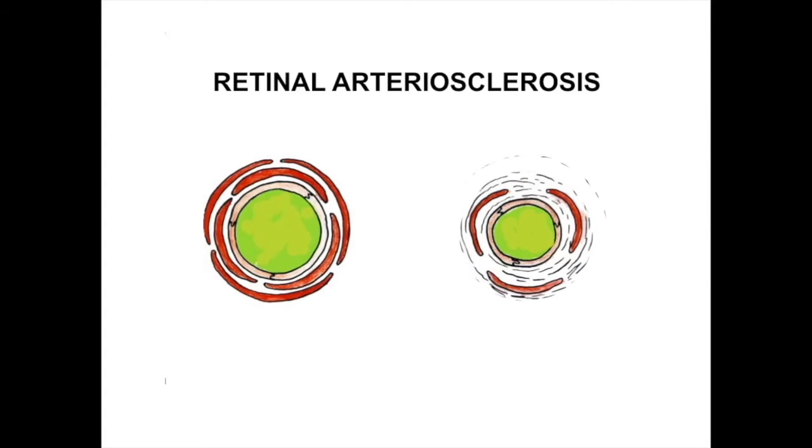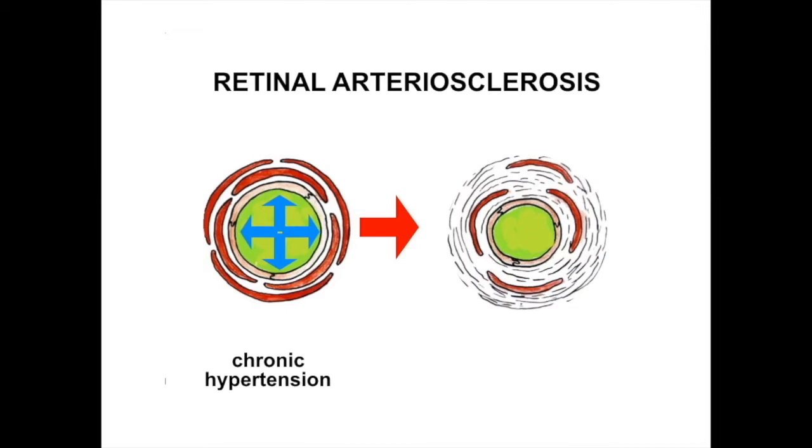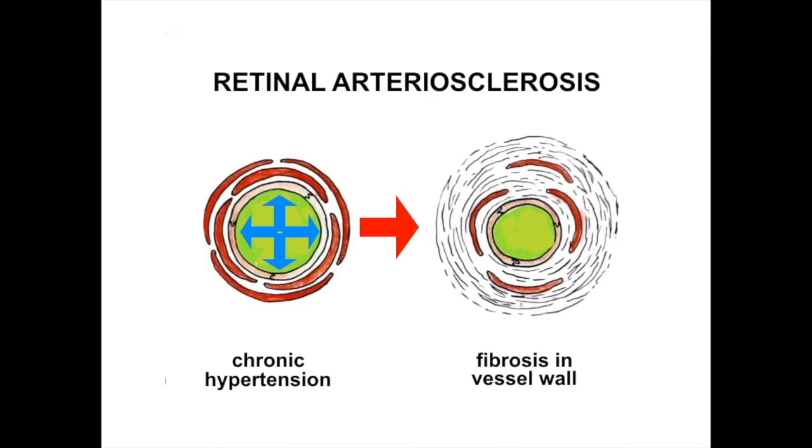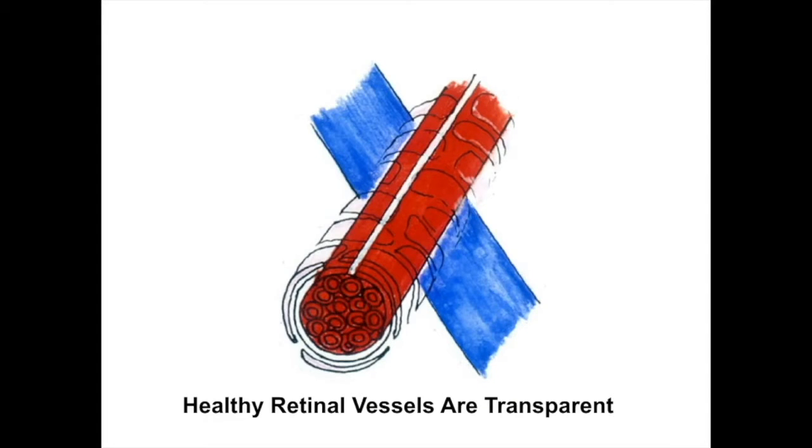Retinal arteriosclerosis is a response to chronic hypertension. This leads to the accumulation of layers of fibrosis in the wall of the vessels. Now, retinal vessels, when they're healthy, are transparent. When you look in with the ophthalmoscope in a healthy person, you're seeing the blood in the vessels, not the vessels.